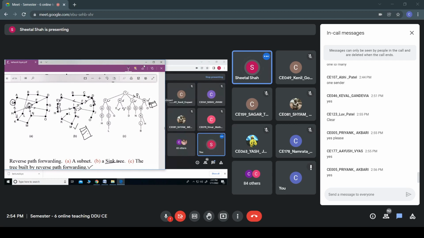Because it will assume that it is not a shortest path, and hence it would not forward that packet to A. So E as well as K would not forward that packet because that is not the desired path to I. Followed? Similarly, followed all of you.